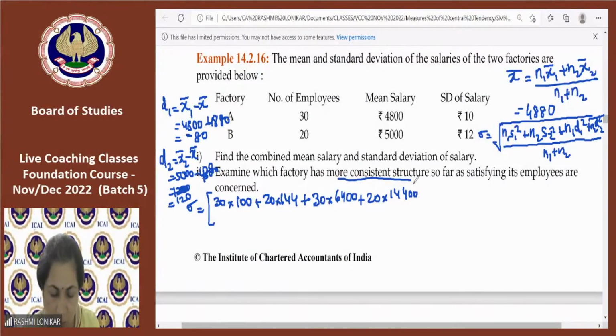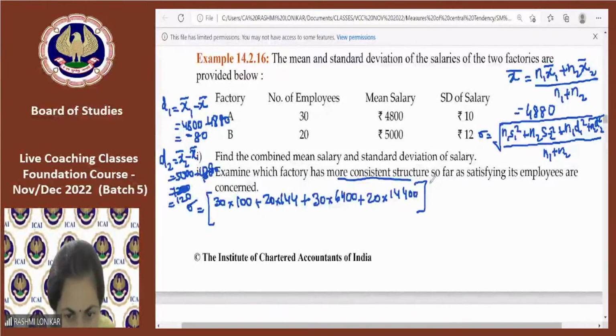And this whole thing is raised to 1 by 2, upon 50.